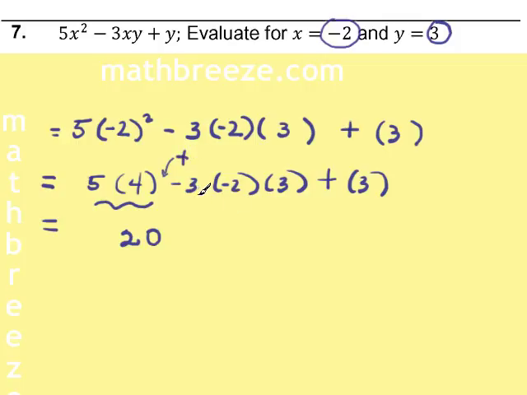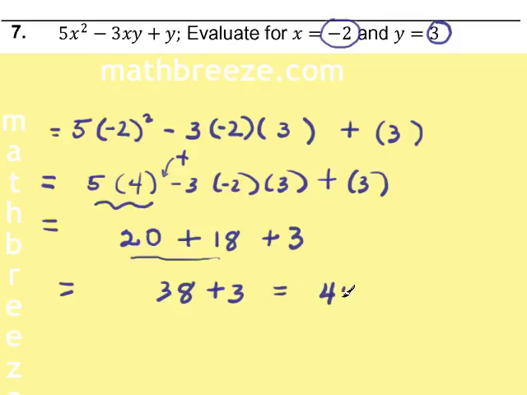So we're multiplying -3 times -2, that's 6, times 3 is 18, so that's +18. Plus 3. And now let's just add left to right. So 20 plus 18, that's 38. Plus 3 is 41.